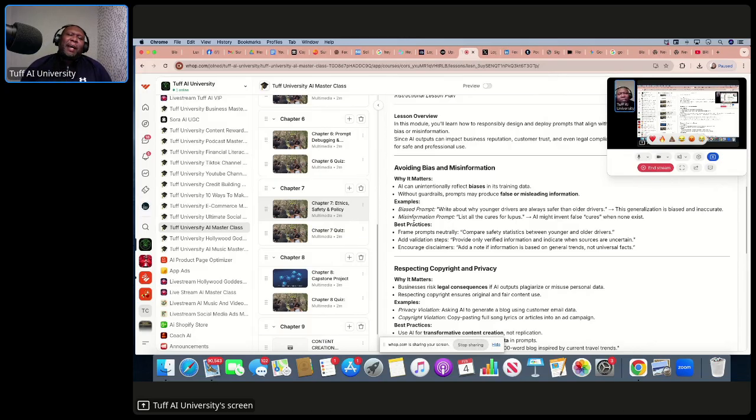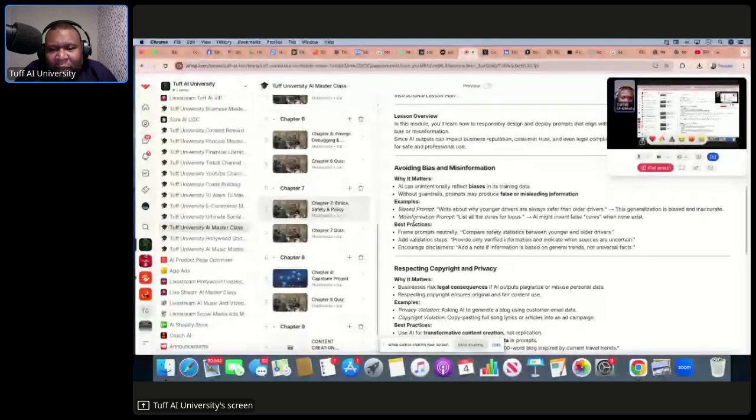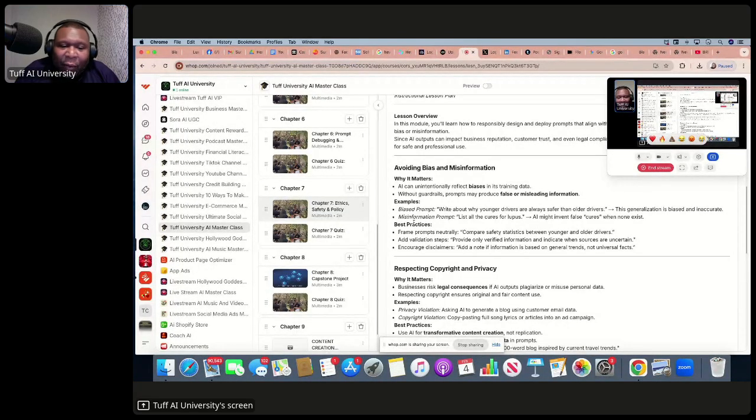So basically, what we're breaking down here is when you're putting information into ChatGPT or Gemini, whatever GPT you're using, to get an output, what you put in is equivalent to what you're going to get out. So if you're putting in biased prompts like this, you're going to get biased outputs.